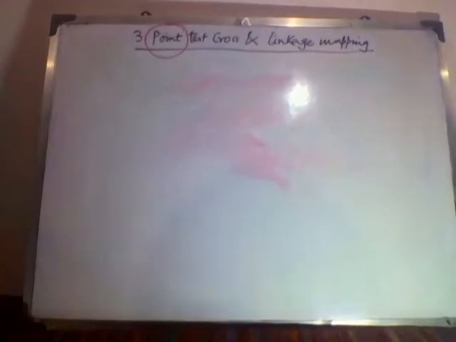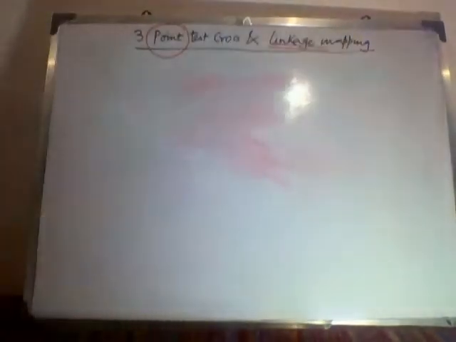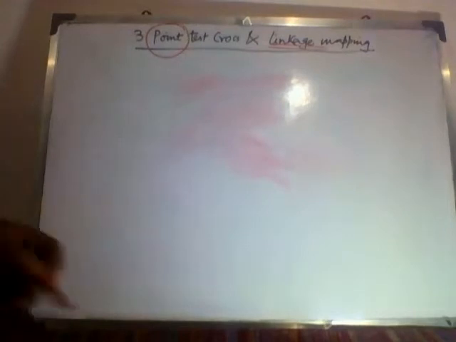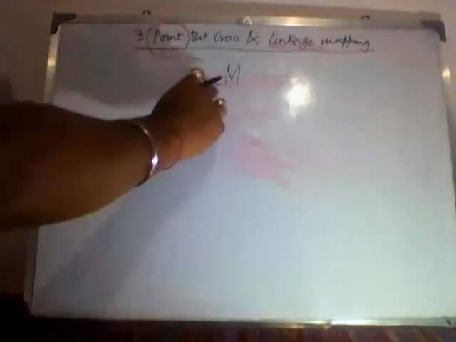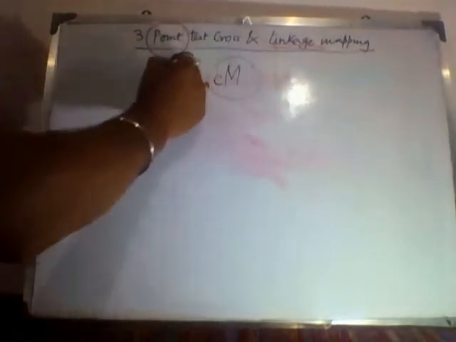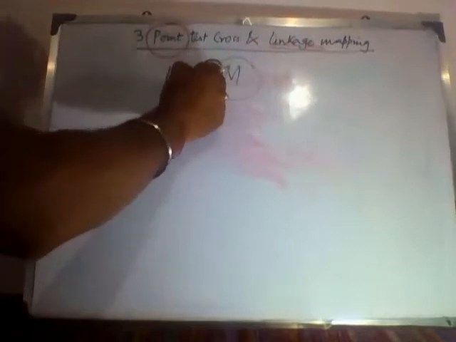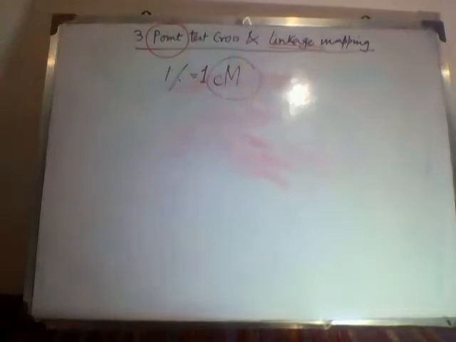The unit of map distance was initially proposed by Morgan, and today we call it centimorgan. It is not like centimeter. C is small and M is capital. So 1% recombination equals 1 centimorgan distance between the two genes.